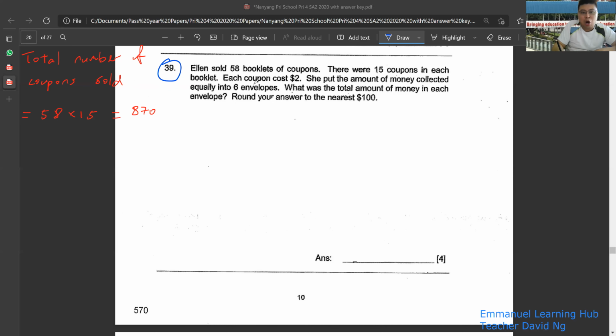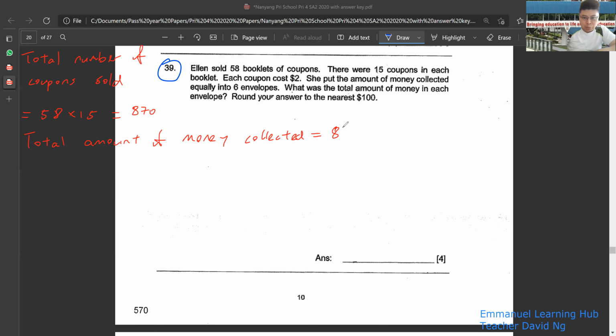So each coupon costs $2. She put the amount of money collected into 6 envelopes. So total amount of money collected. How to find total amount of money collected? Each coupon costs $2, 870 coupons sold. 870 times 2.